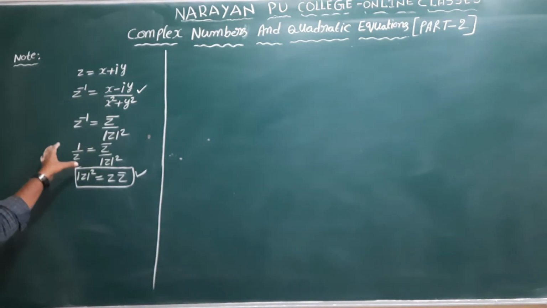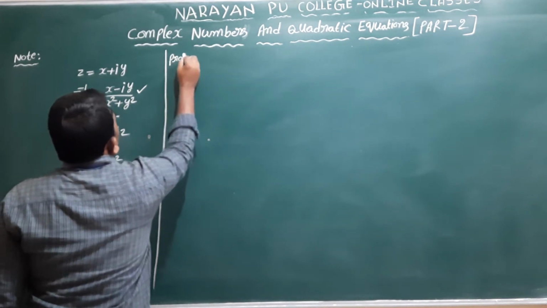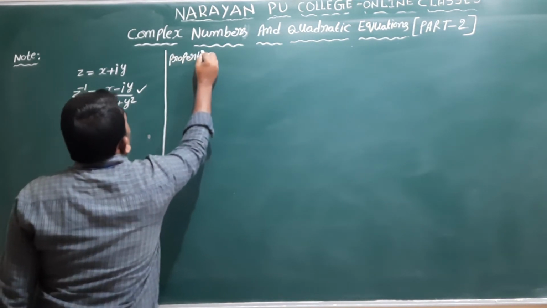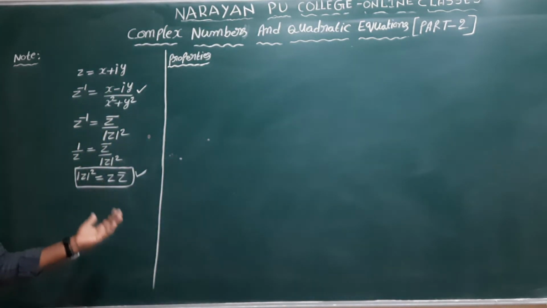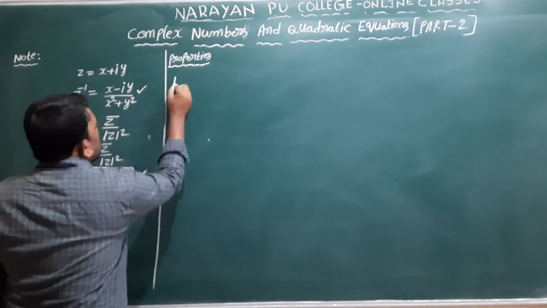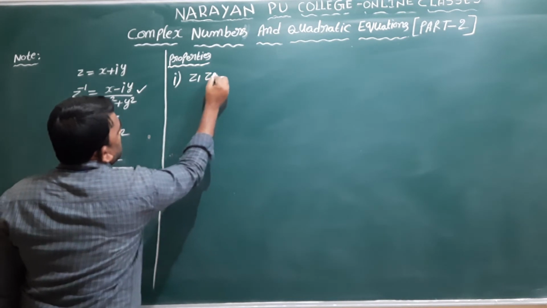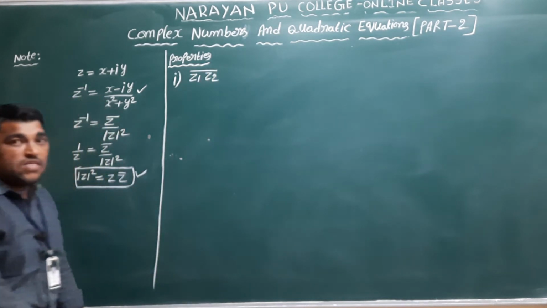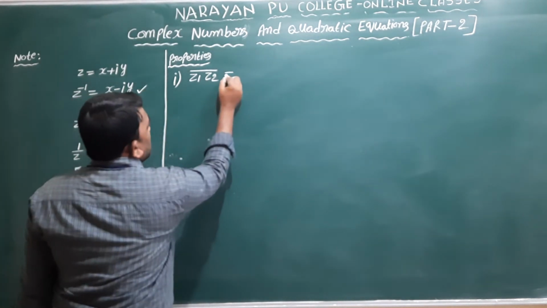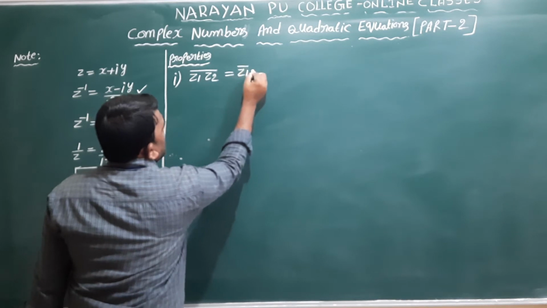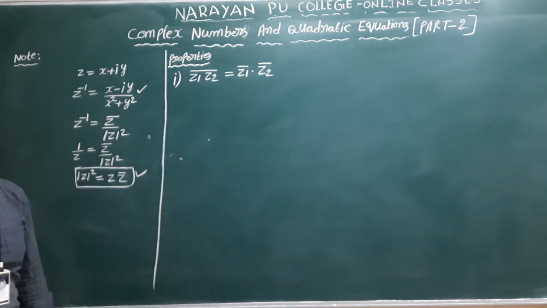So in modulus and conjugate, some properties are there. Properties in both modulus and conjugate. Let us take the first property: z1 into z2 whole bar, meaning the conjugate of the product of two complex numbers, is equal to z1 bar into z2 bar. The individual conjugates we can multiply.